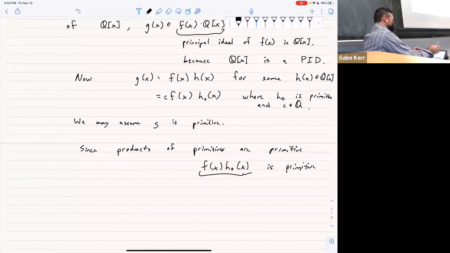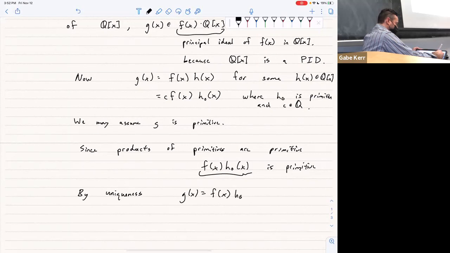But now we have the uniqueness. By uniqueness, g of x equals c times f of x times h naught of x. Because this is 1 times g.